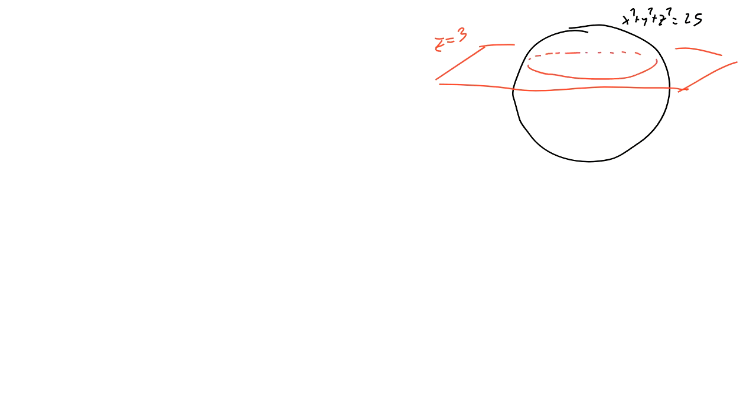Let's say that we want to calculate the volume of this top part, which is bounded above by the sphere and below by the plane. Does the picture make sense?